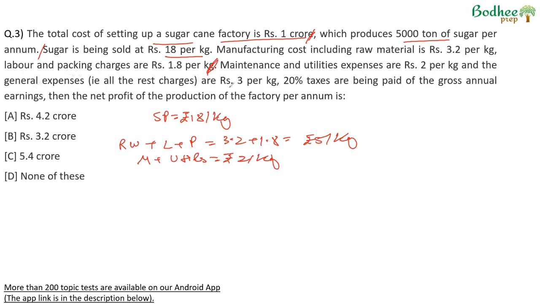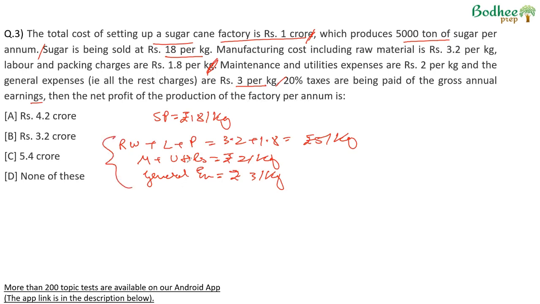And the general expenses are rupees 3 per kg. 20% of the taxes are being paid on the gross annual earning, then the net profit of the production of the factory per annum is.